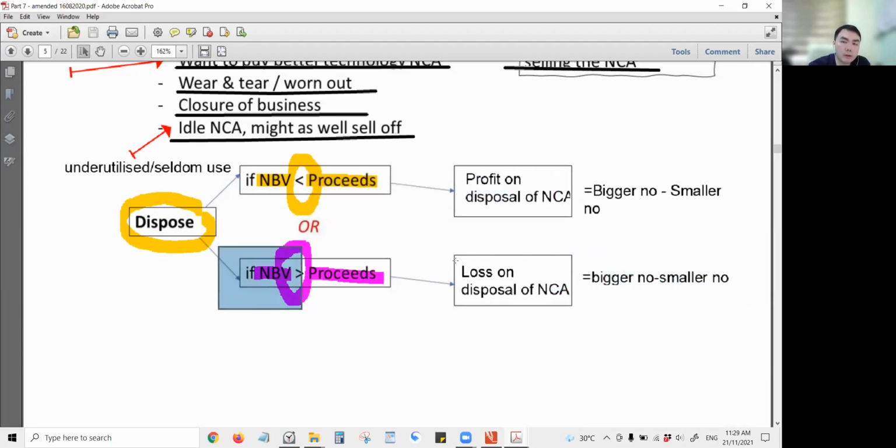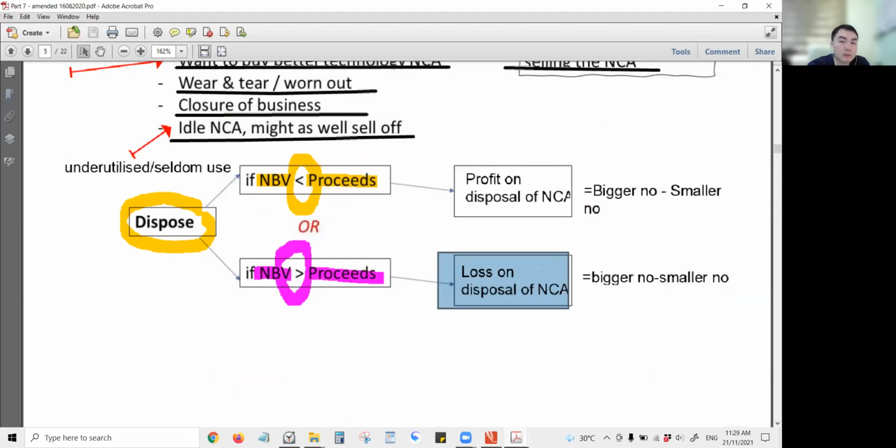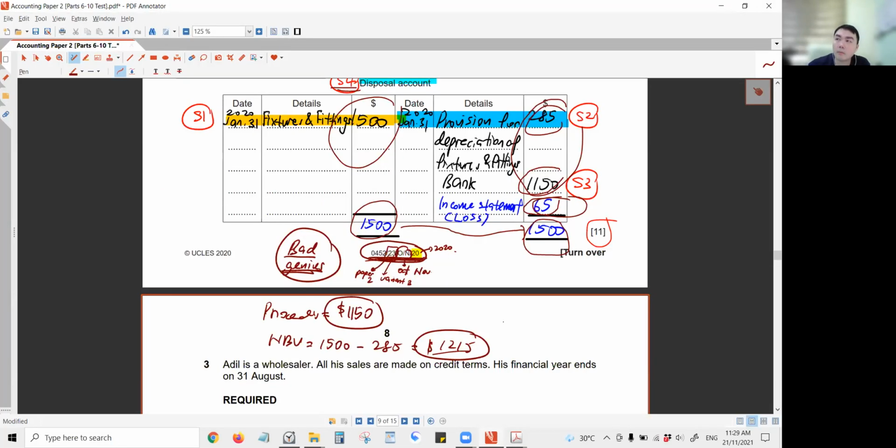If net book value greater, loss on disposal. In this case, net book value is greater, so it is a loss on disposal. You take the bigger number minus the smaller number, then you get 65. 1215 minus 1150, 65.